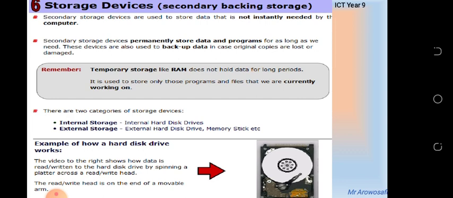Internal storage, we have RAM and ROM. We have external storage too, which is hard disk, or your flash drive.